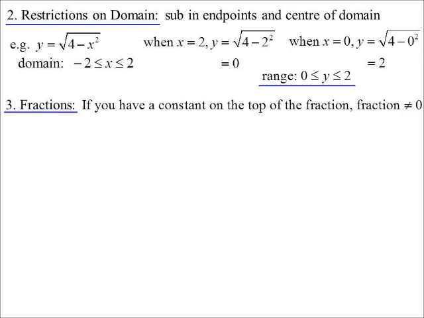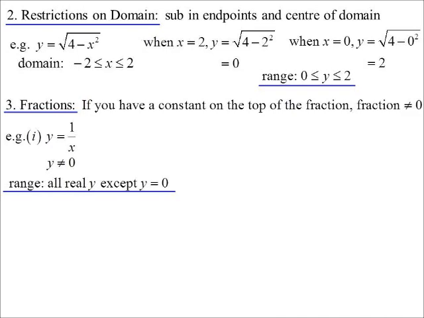So as soon as you see a constant on the top of a fraction, you know that fraction cannot equal 0. So back to our hyperbola, values of y, I know I'm never going to get an answer of 0. Can't happen. So y can't equal 0, so all real y except y equals 0.